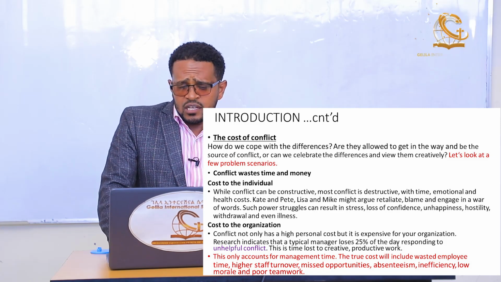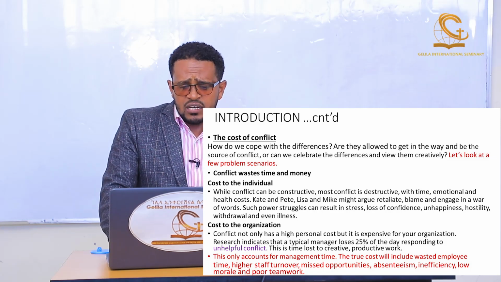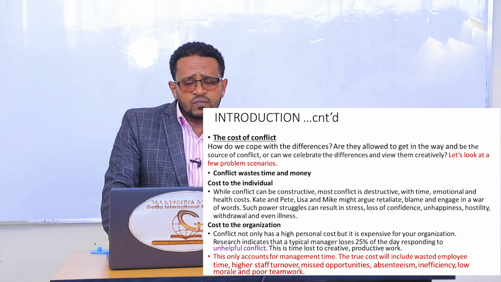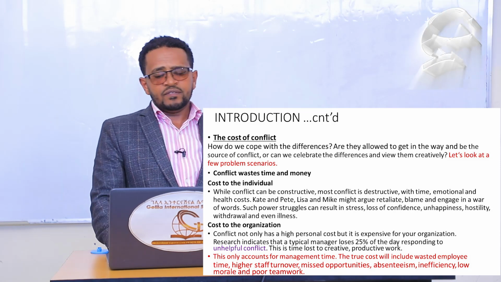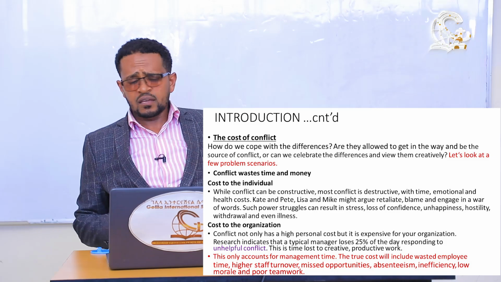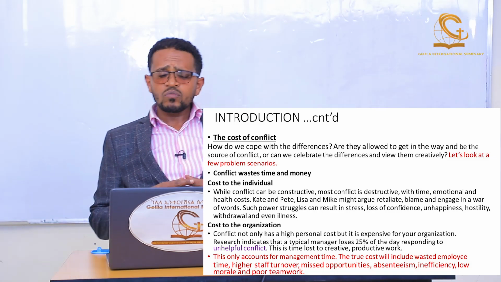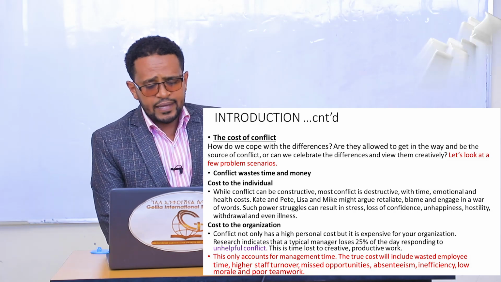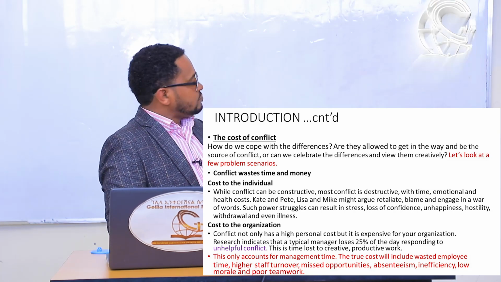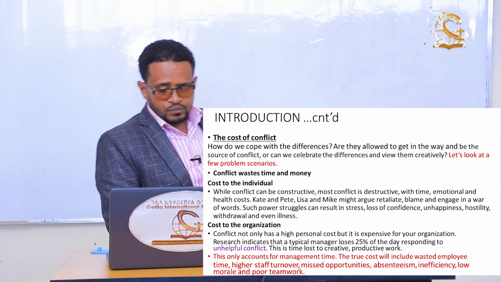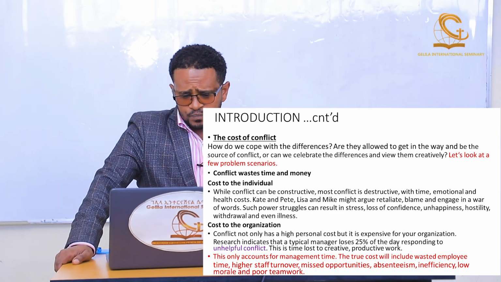The first scenario, let us look at a few problem scenarios. The first one is conflict wastes time and money. The first negative effect of conflict, or the cost of conflict, is what? Conflict wastes time and money. The other is cost to the organization.